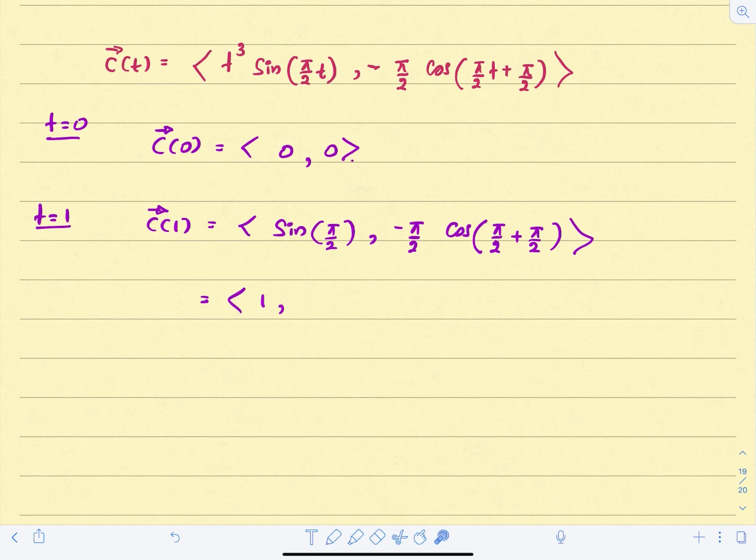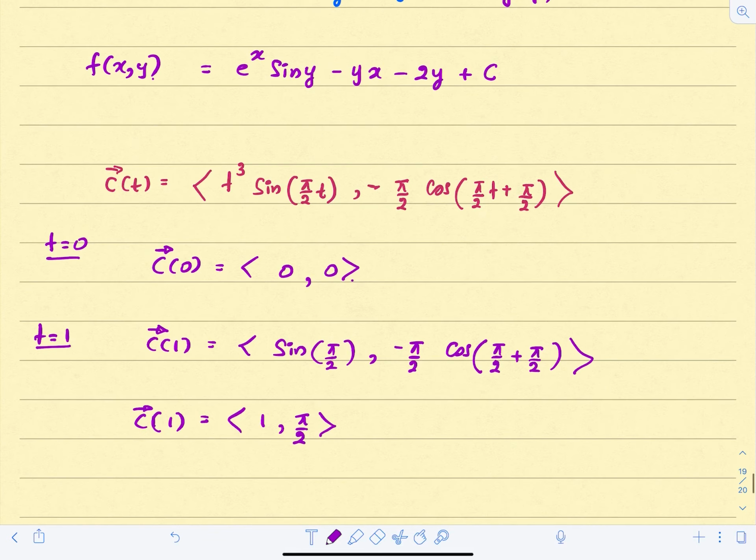Now this is pi. Cosine of pi is negative 1. Negative 1 times negative pi over 2 is positive pi over 2. So here we have the coordinate of the initial point and the coordinate of the terminal point. So next we want to evaluate our function little f at these two points.